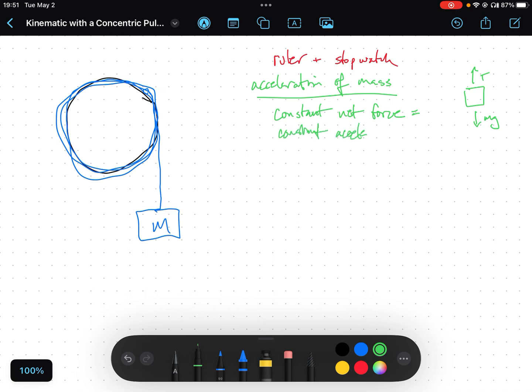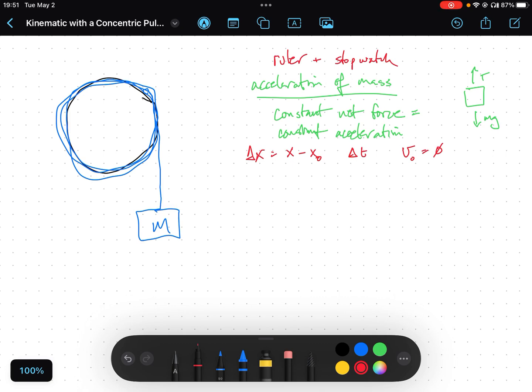And that means that we know that our kinematic equations will apply. And with a ruler and a stopwatch, we can measure displacement. Displacement is final minus initial position, and we can measure change in time. And one of the parameters that we talked about was that everything was going to start at rest. So that means that our initial velocity is zero.